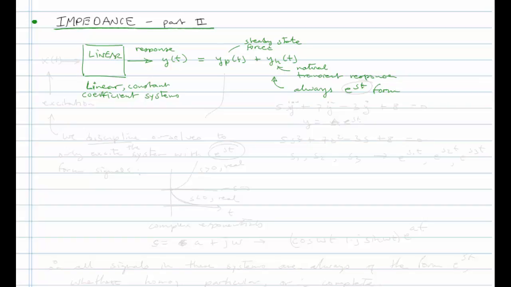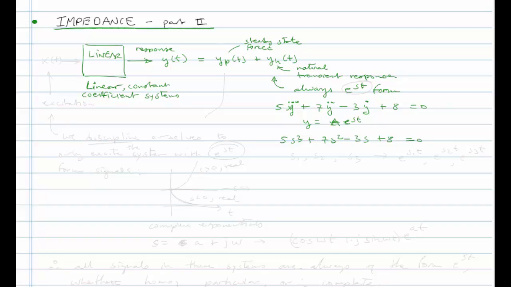If I wrote 5y triple dot plus 7y double dot minus 3y dot plus 8 is equal to 0, and you go through the work and try an e to the st, you'll find that s can be found from solving for the roots of this characteristic equation.